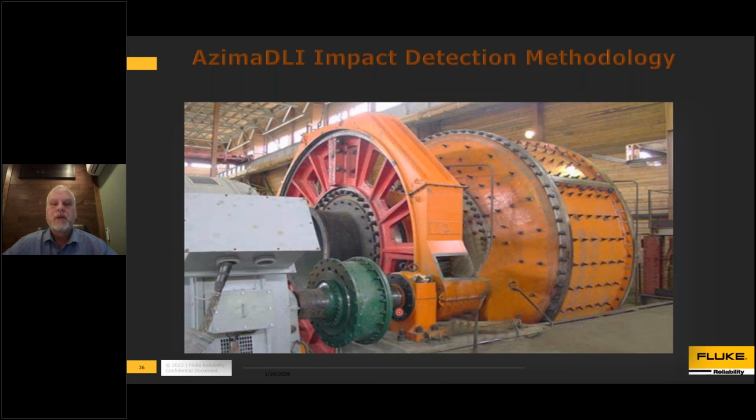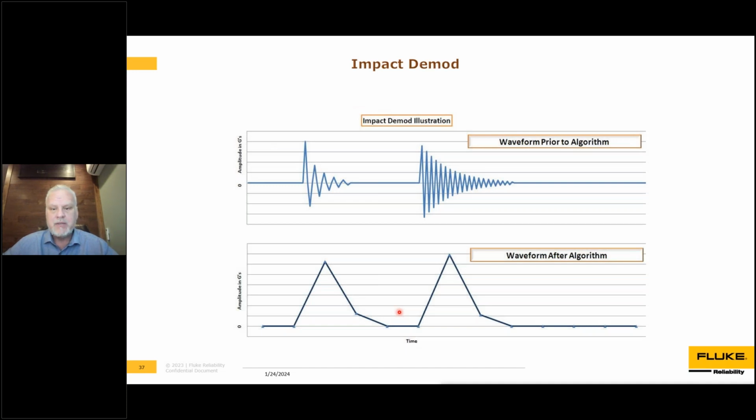So Azima DLI impact detection methodology. We'll just talk about what it is. It's a very different process. Some people in the past have called it digital demodulation. Essentially, it is a sample and hold methodology. In our case, we look at the max values in a particular bin, both the positive max and the negative max value in a bin, and then we downsample that to a much slower rate.